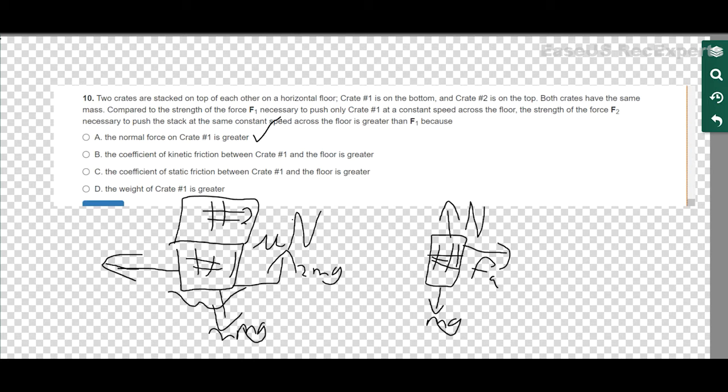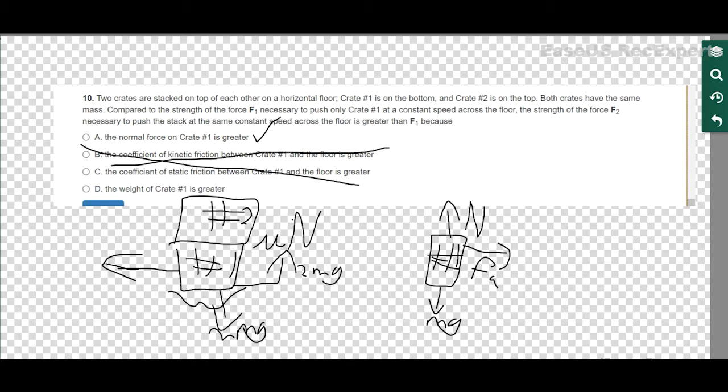Yes, we concluded that. Now let's just check the rest of the options. The coefficient of kinetic friction between crate 1 and the floor is greater, and the coefficient of static friction. Now, the coefficients do remain the same. The total force varies, but the coefficient still remains the same. You have to remember that. And D, the weight of crate 1 is greater.